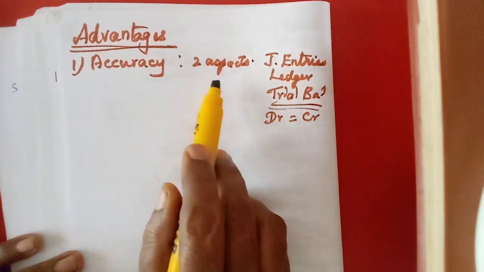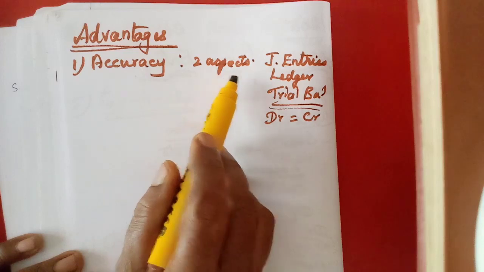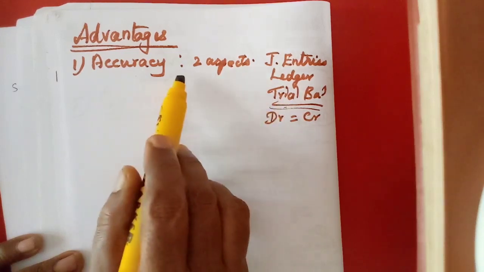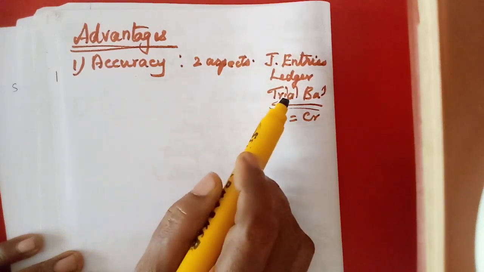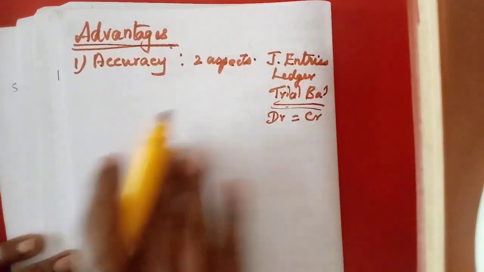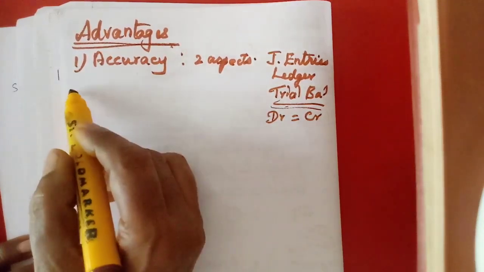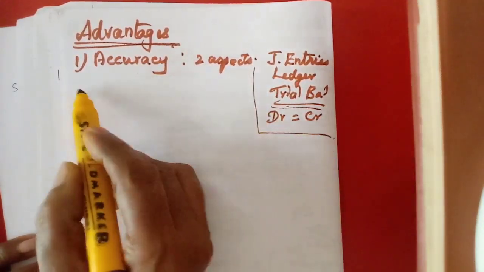But here the arithmetical accuracy can be checked by preparing the trial balance. That is possible only in the double entry system. This is not possible in the single entry system or incomplete records. Understood? That is the first point.